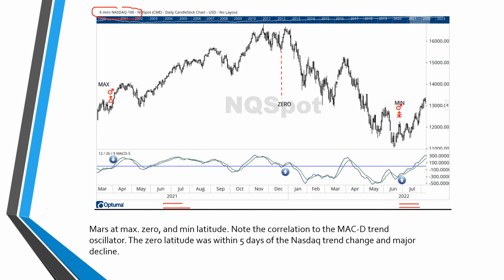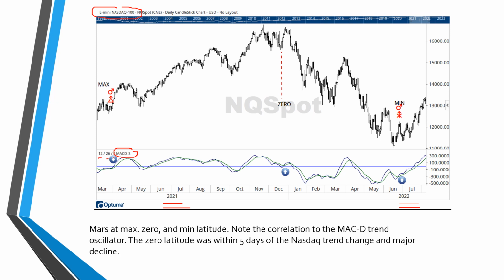And so to really make the determination as to whether latitude is having an effect, I find it best if you generate some sort of a price oscillator, which is indicative of changing trend. And the oscillator that I've chosen for these various examples is the MACD. And I've used the standard settings in any software program, 12, 26, and 9.